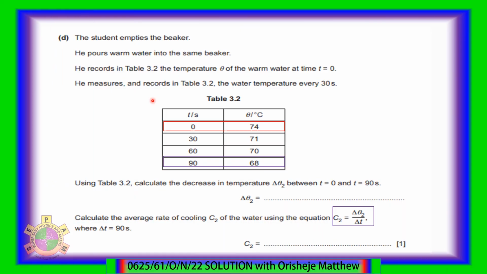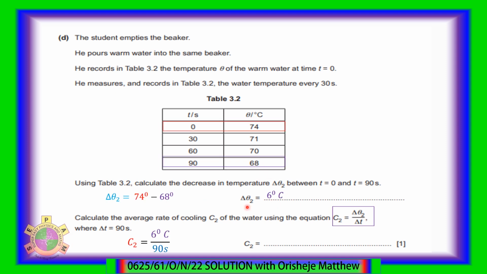The student empties the beaker and does that. So using the table, calculate the decrease in temperature between time 0 and 90 seconds. We have 74 take away 68.